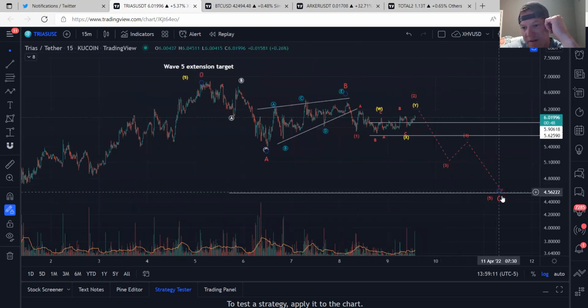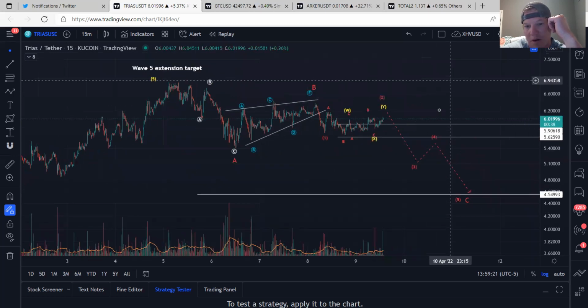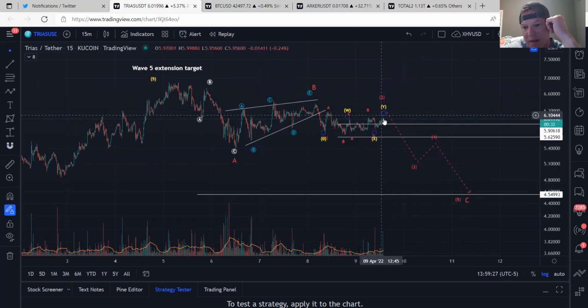And then we would have a potential C wave down, which could be a 5-wave structure, 1, 2, 3, 4, 5, like this. Or if this ends up being a larger degree WXY, this could move in some sort of zigzag pattern in ABC, or it could move in a 3-wave structure regardless.